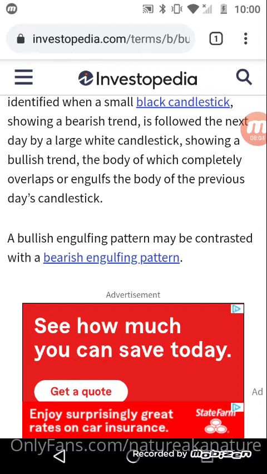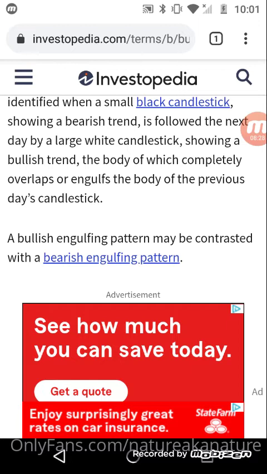I'll tell you right now, it's going to be half the size of the next candlestick. It's not even the full size of a whole candlestick. It's probably going to be like a quarter, maybe half of a candle.